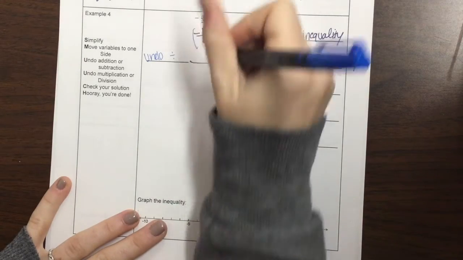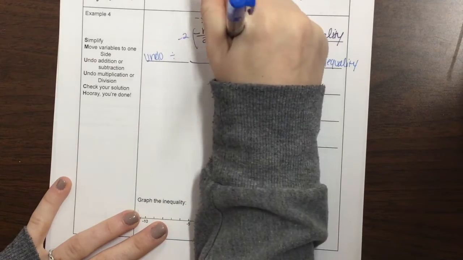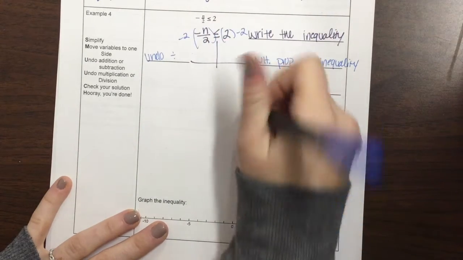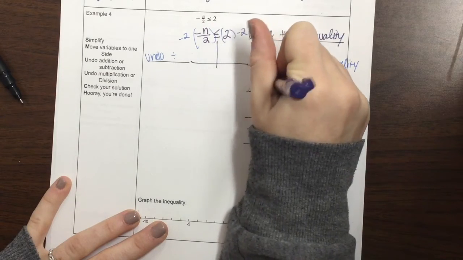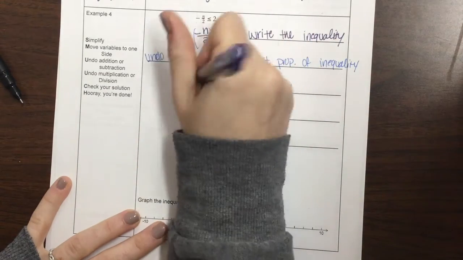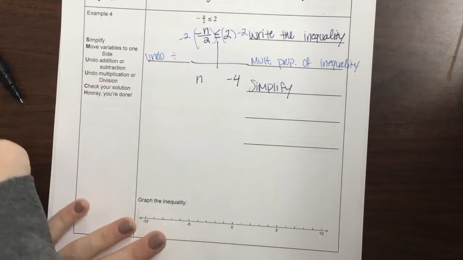Gonna multiply, since it's a negative and a 2, I'm gonna multiply by -2 because I'm gonna make it into a positive 1n. And I simplify. This would leave 1n and -4.